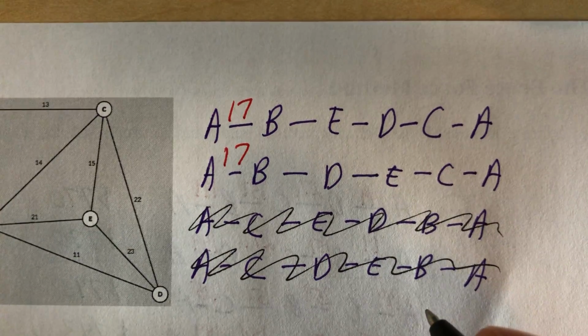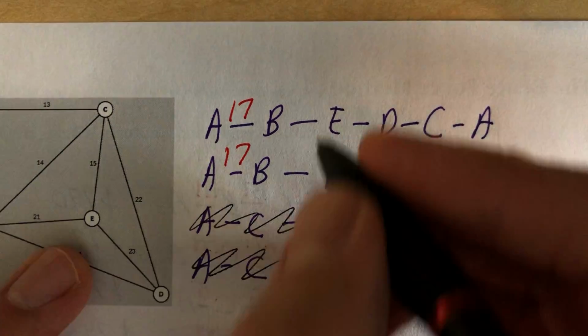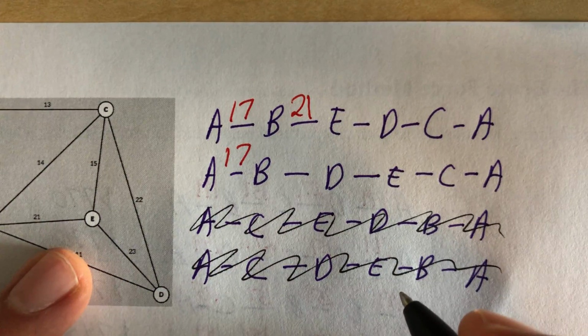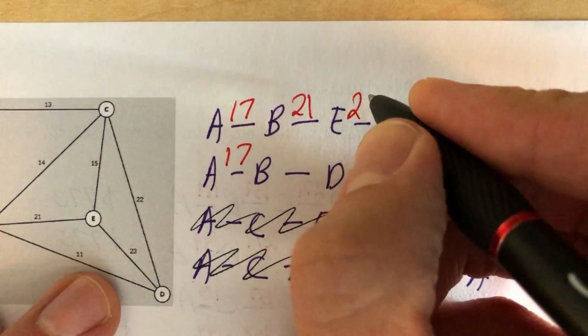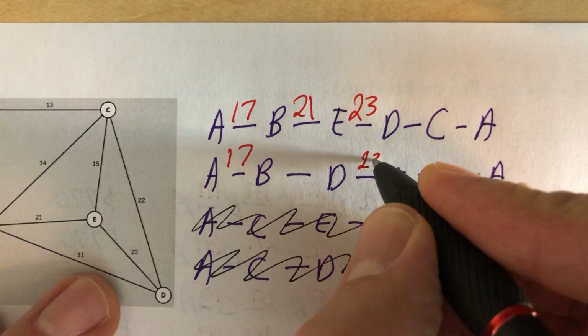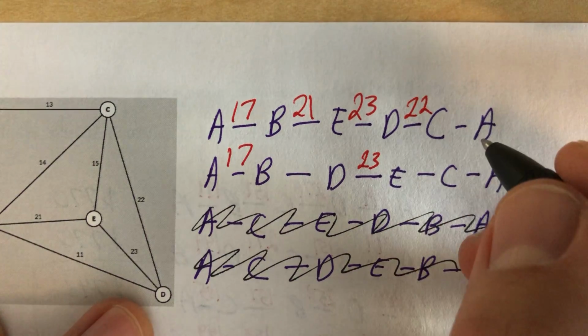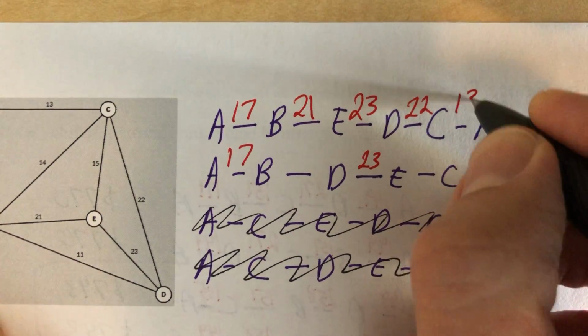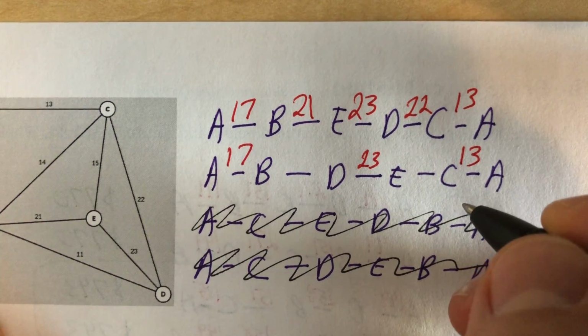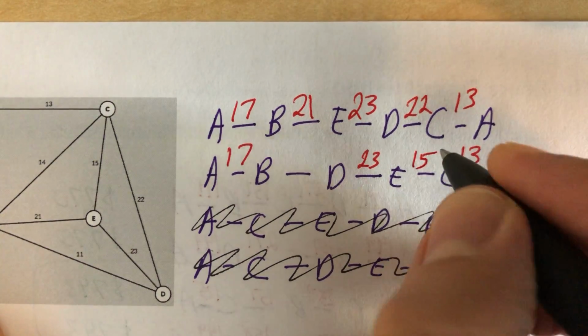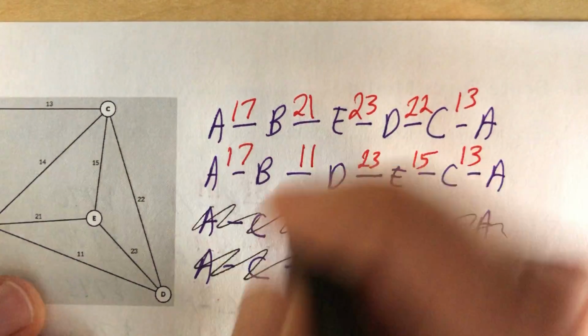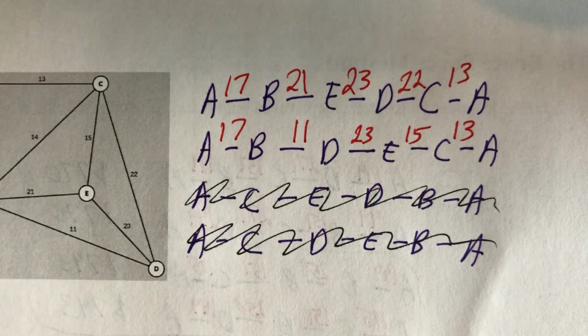Distance between B and E is 21. The distance between E and D is 23. DC is 22. CA is 13. EC is 15. And BD is 11. And we will add those together.